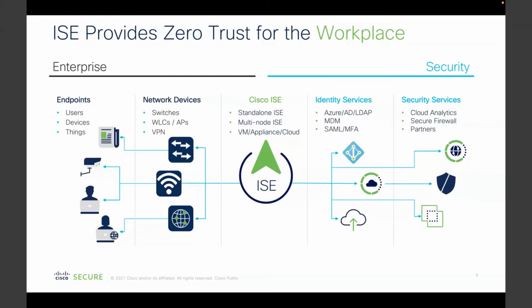So this is a great thing that we call rapid threat containment, because the idea is we want to minimize the exposure time of a piece of malware or something to minimize the blast radius of the infection. So this is something that we think is very useful and is all critical to providing zero trust in the workplace.